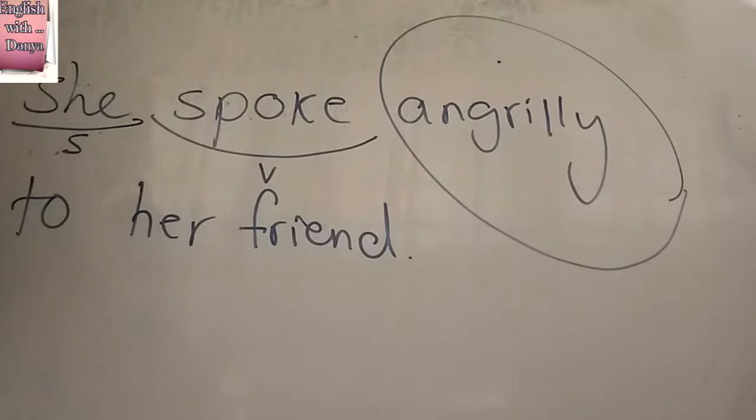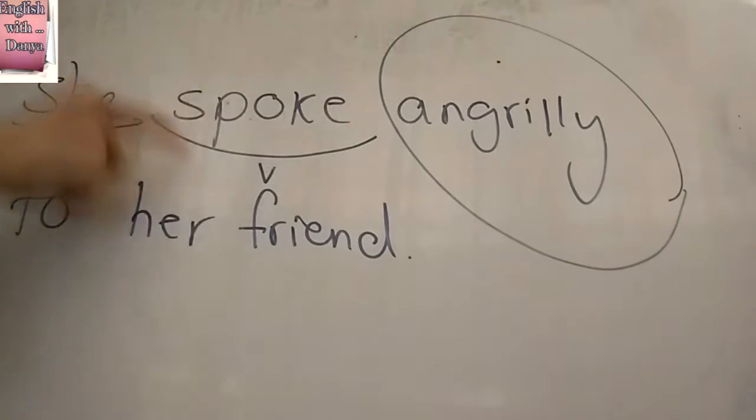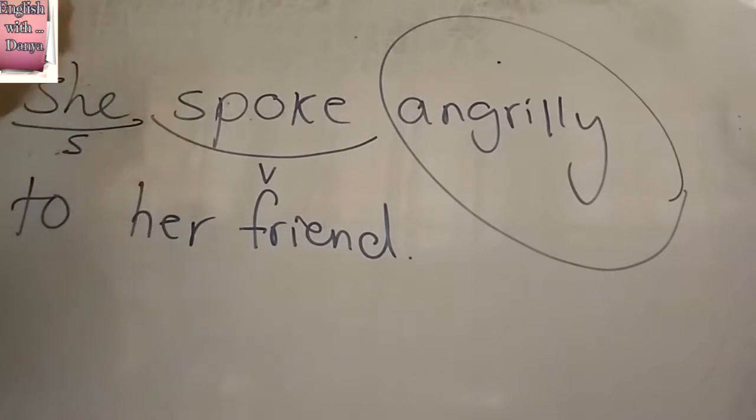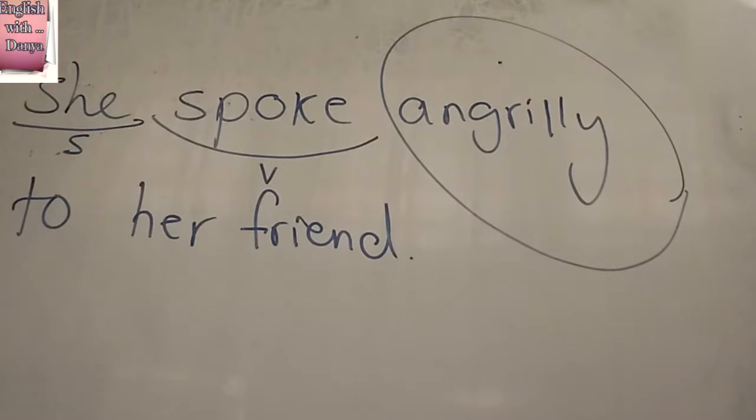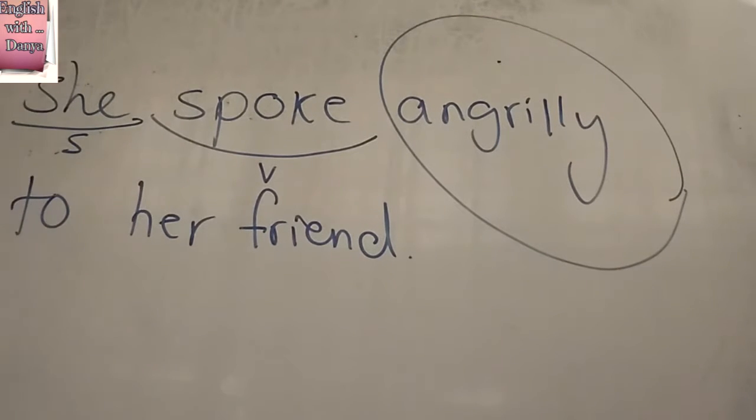Okay, another thing that I want to tell you, usually if you want to describe the action, if you want to describe the verb, we need to use an adverb. So you have to be very careful on this, because I have seen a lot of students who get confused between using the adjective and the adverb. You have to remember that an adjective describes the noun.